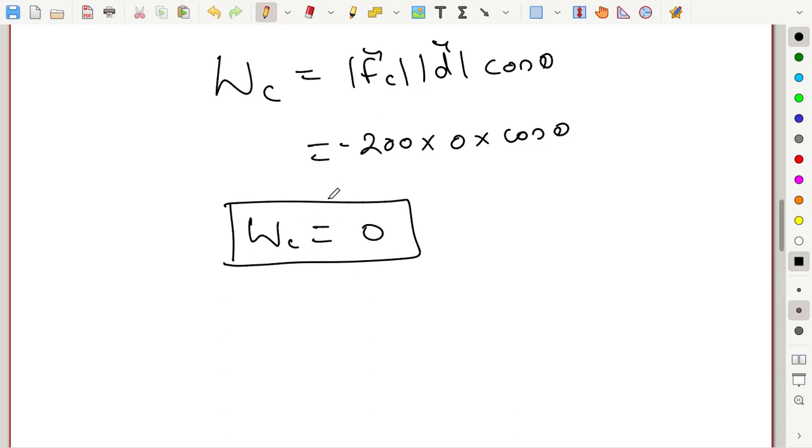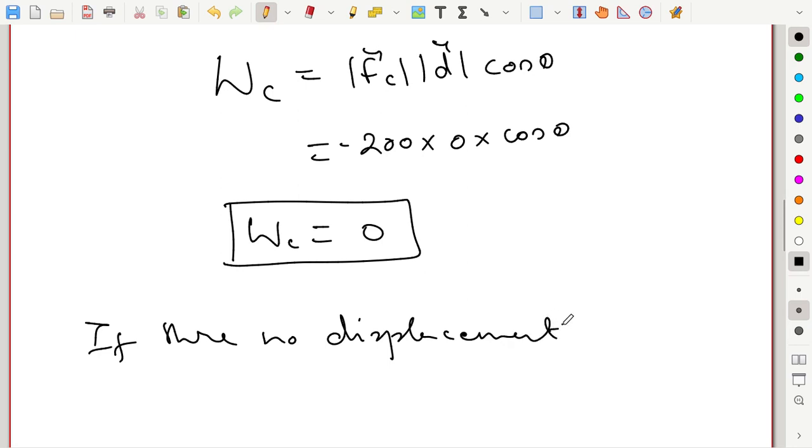Force can be equal and opposite, but work done need not always be equal and opposite. Work done becomes zero under two conditions, even when there is a presence of force. One, if there is no displacement, then work done is zero.